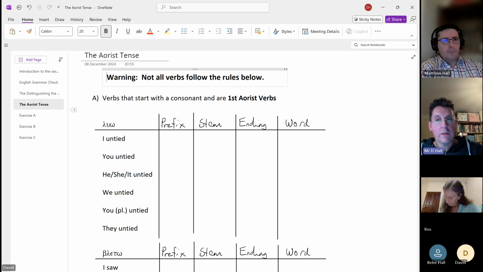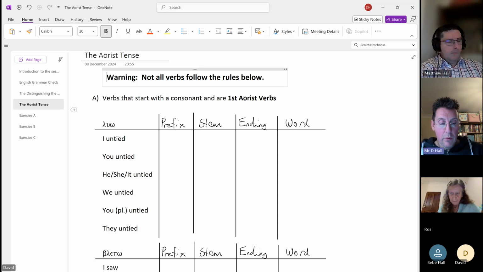We will come to those later, but most verbs follow this rule here, and this is known as the first aorist verbs. They're defined by their stems. I won't go into any more detail than that, because all the verbs we'll look at now have a stem and their endings work in the same way.